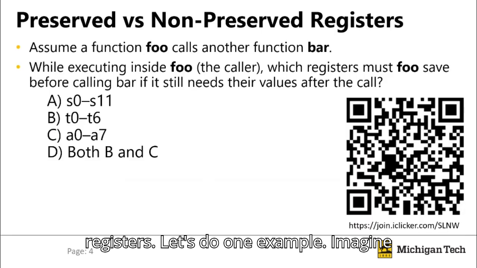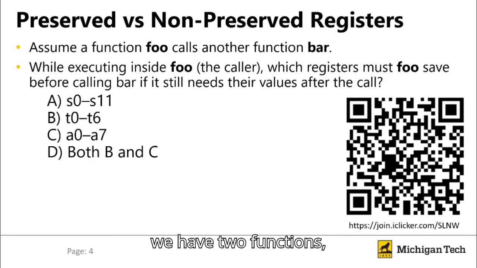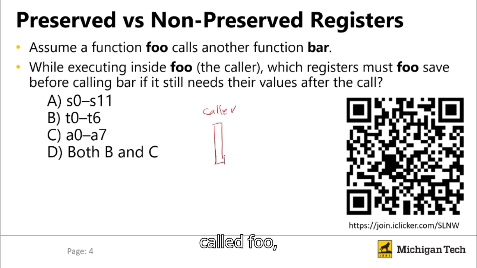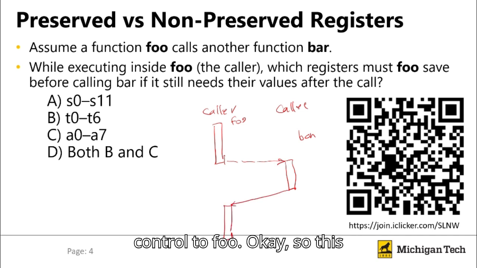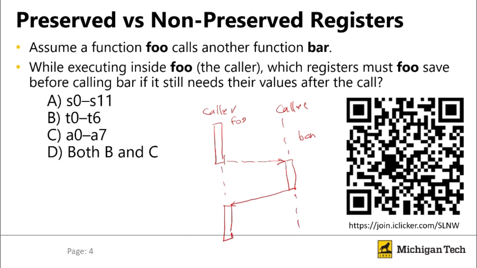Let's do one example. Imagine we have two functions, caller called foo and callee called bar. So foo calls bar, and when bar is done, it goes back control to foo. So this is called callee, this is called caller.